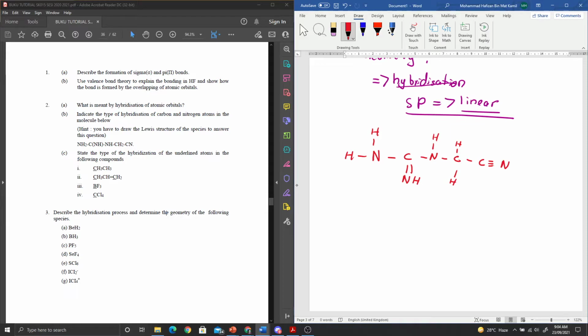It's like this. So this is an example of its structure.